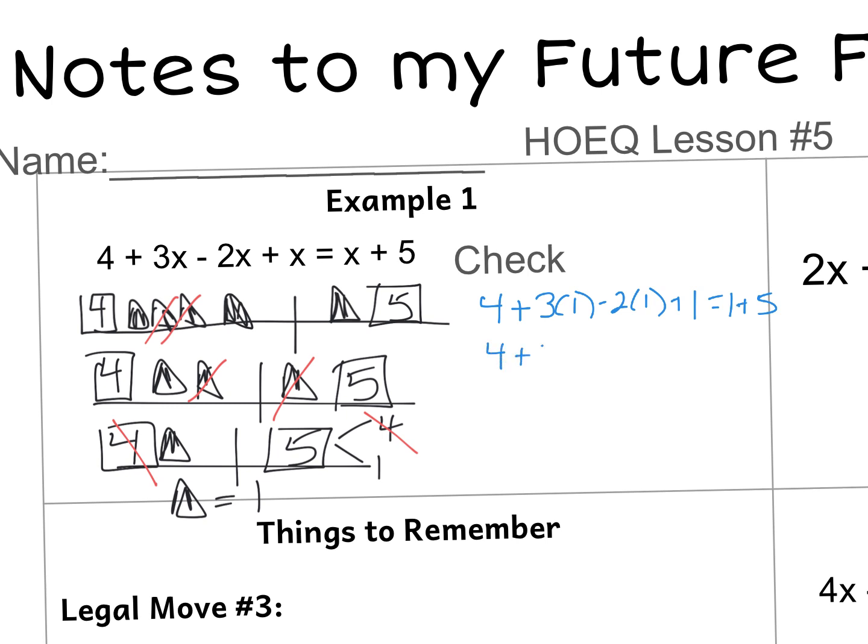Simplifying, 4 plus 3 times 1 is 3, minus 2 times 1 is 2, plus 1, and then 1 plus 5 is just 6 on the right side. So 4 plus 3 is 7, minus 2 is 5, plus 1 is 6. So everything balances out here.